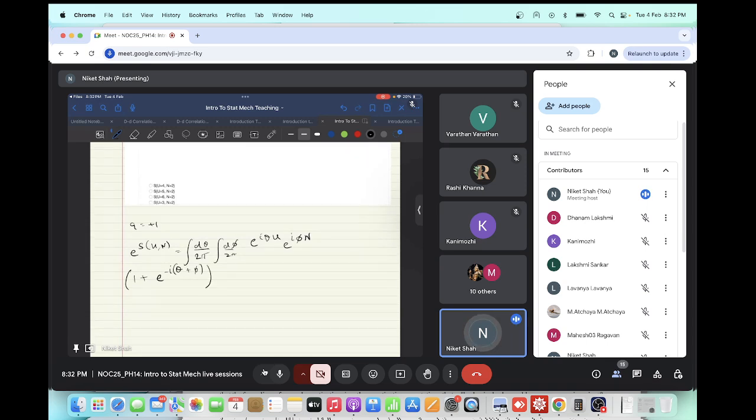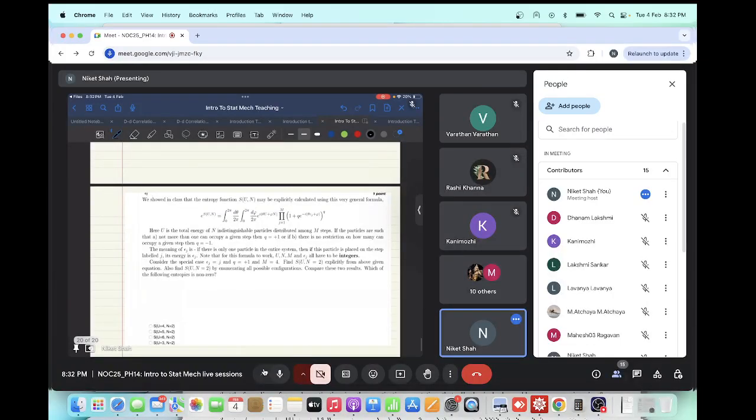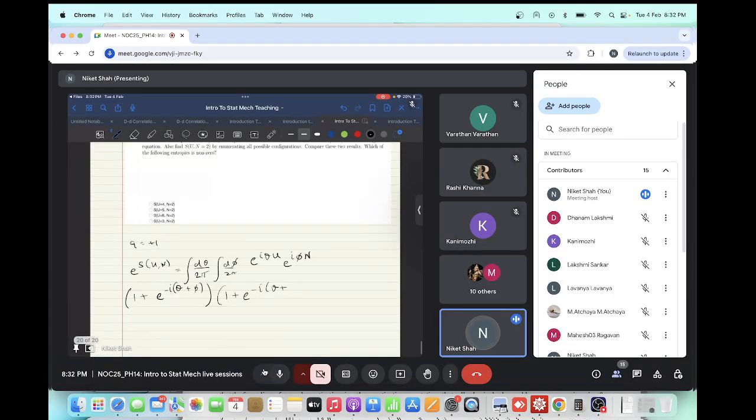So this is one term. The second term is 1 plus e raised to power minus I 2 theta plus phi, since j is 2 now. Then 1 plus e raised to power minus I 3 theta plus phi, and 1 plus e raised to power minus I 4 theta plus phi.